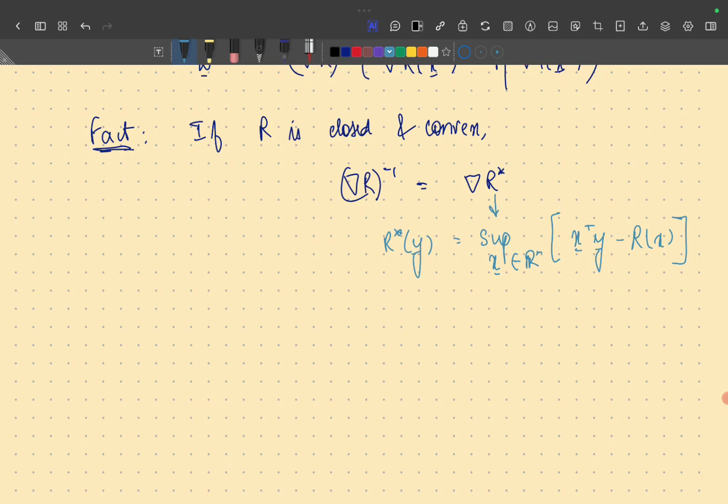So there's a deep connection between the conjugate and the inverse of the gradient.